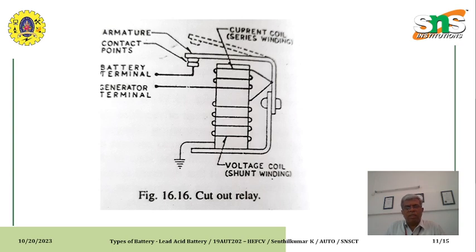If the voltage is very low, the magnetic power is reduced, so the contact gets released. During slow running speed, this is disconnected to avoid battery discharging.